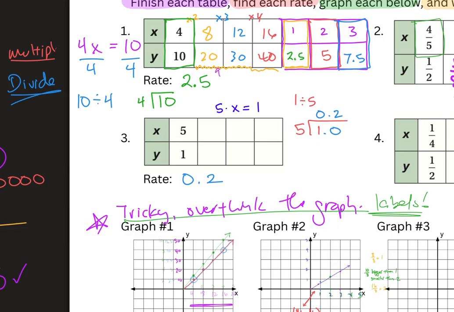So check this out. I could fill this in how I did this section right here, where I just kind of double things, and that's fine. So like 10, 2, 15, 3, 20, 4. You could do that. Here's what I'm going to do.